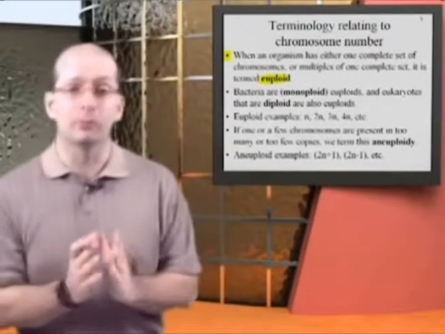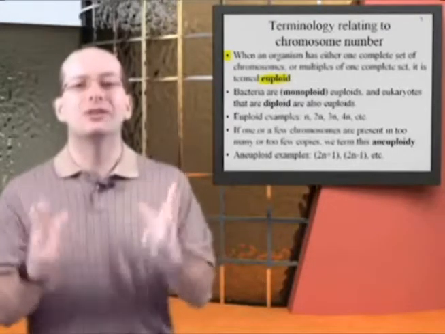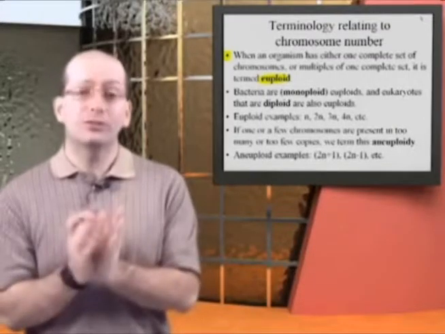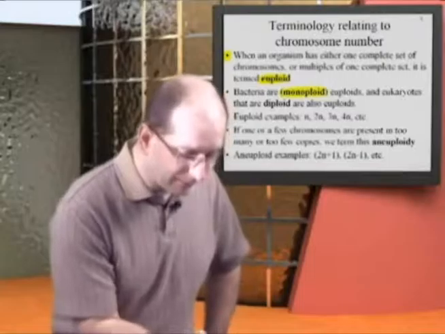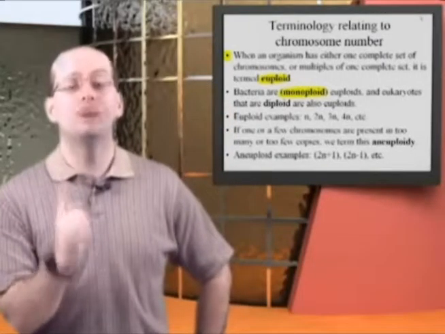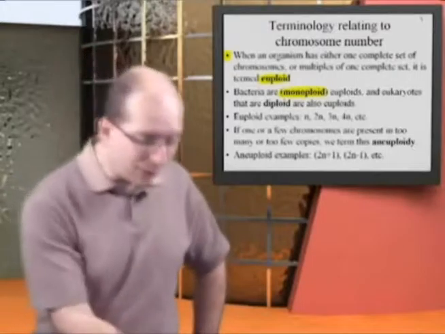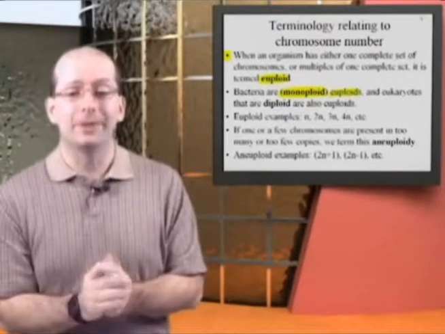I used this term briefly before. Eu means true, and it means that these sets are complete. We're used to thinking of diploid creatures, but let's start from the beginning. Bacteria are monoploid. They only have one set of their genes, always. So bacteria are monoploid euploids. They're still euploids. It's a complete set.